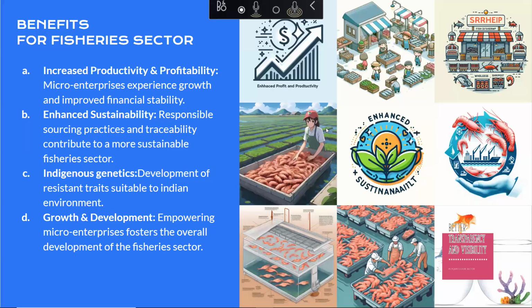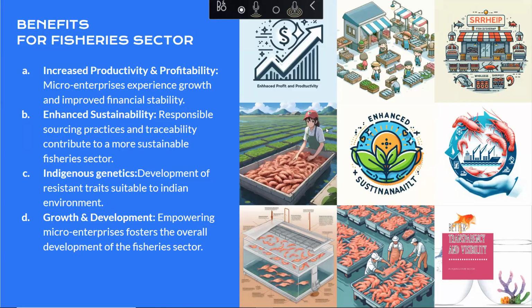Then indigenous genetics, because there is a mechanism to collect data and transfer the data to people that benefit from it. The genetics of shrimp and of fish can be built that are disease resistant.